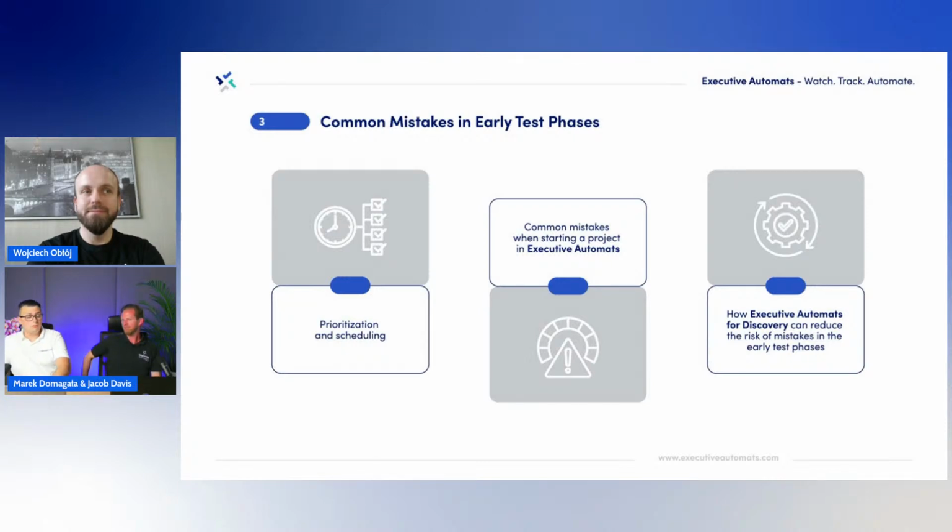However, when it comes to Executive Automats, there may be some more common mistakes, like a bad structure in the project. If you see the layout in Executive Automats, we should think twice before creating it, because if it's created wrong at the beginning, it can cause a bit of hassle, work which is not needed, just to move things around later on.